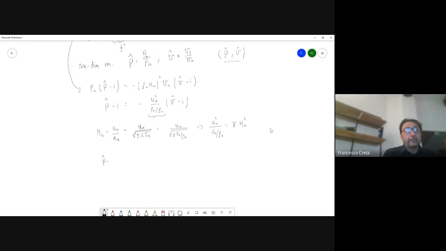P hat minus 1 is equal to minus gamma, and then the Mach number of the propagate. Remember, this Mach number M_u is the Mach number of the fresh mixture, okay?